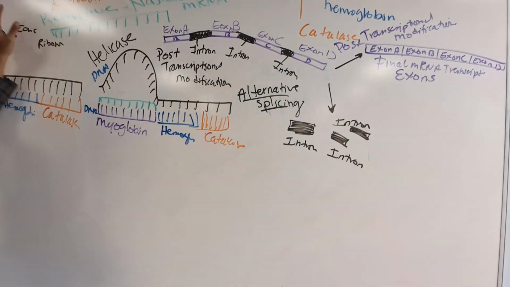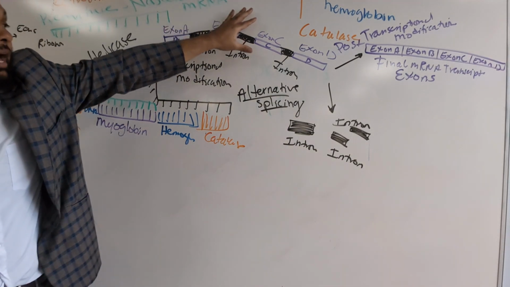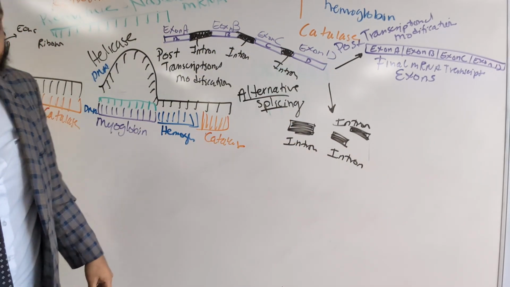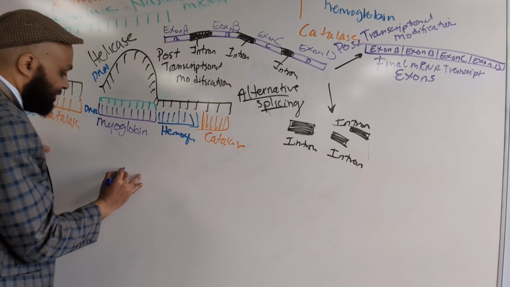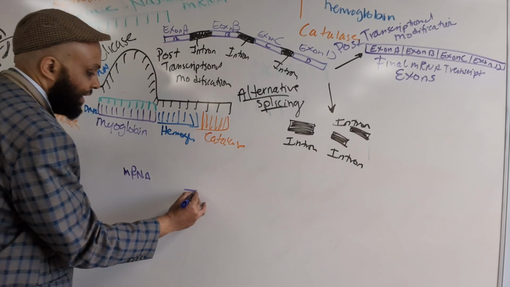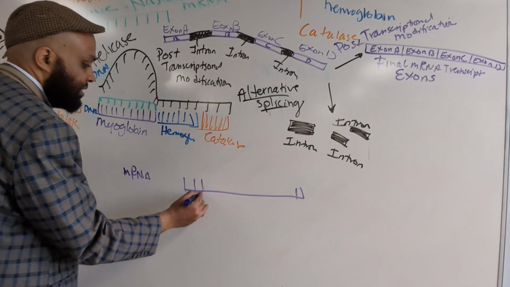So that's transcription. After I transcribe, then I translate. How do I translate? I take my exon and go into the ribosome. Let's say this is my final mRNA transcript, and it's made up of codons.